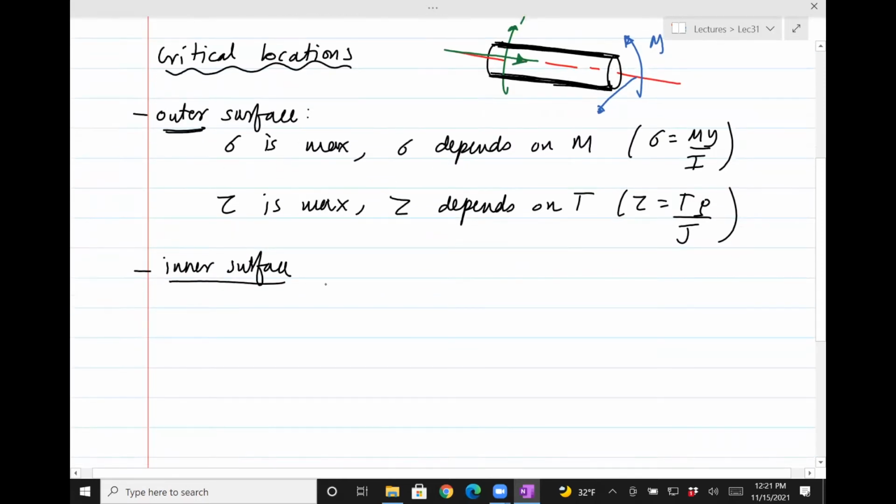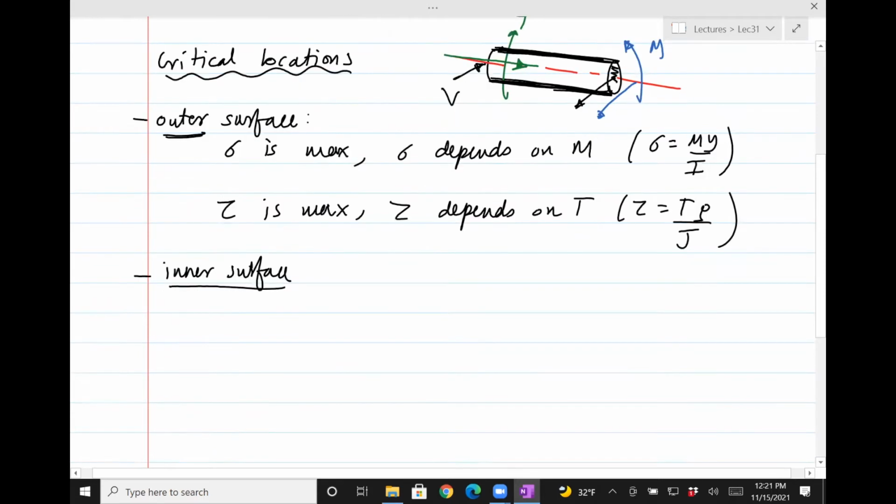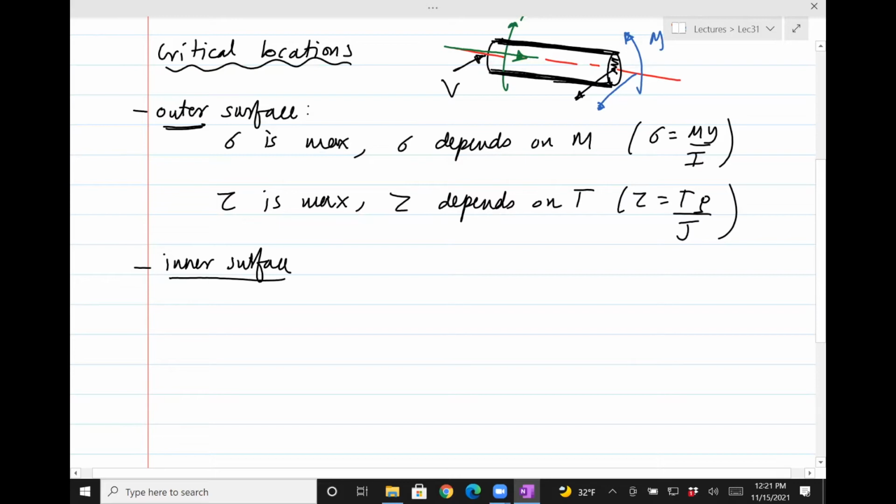If you have a force, which we call V, and that force V is acting on this face, then in that case the tau due to shear is max.